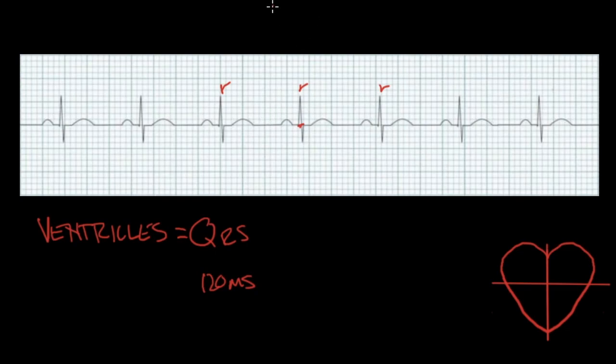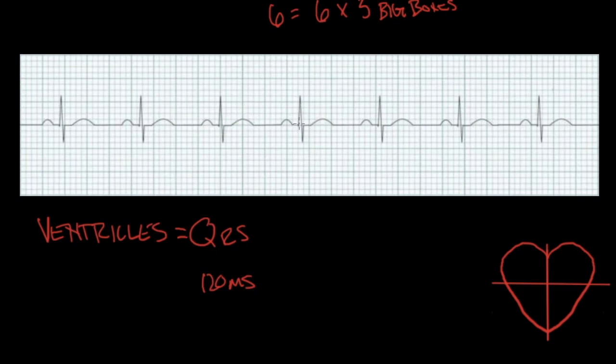Because 6 seconds is going to equal 6 sets of 5 big boxes, 5 big boxes being 1 second. But like I said, this one's a little short. So there's another way we can count our rate. And that's to count the space between our R to R.